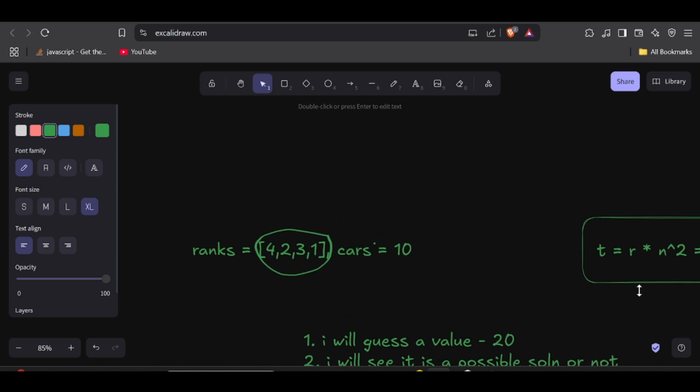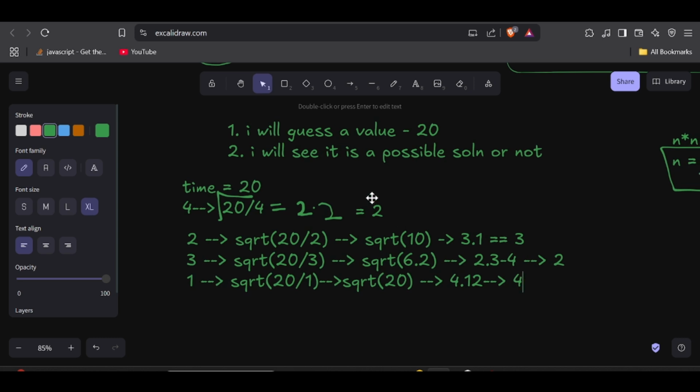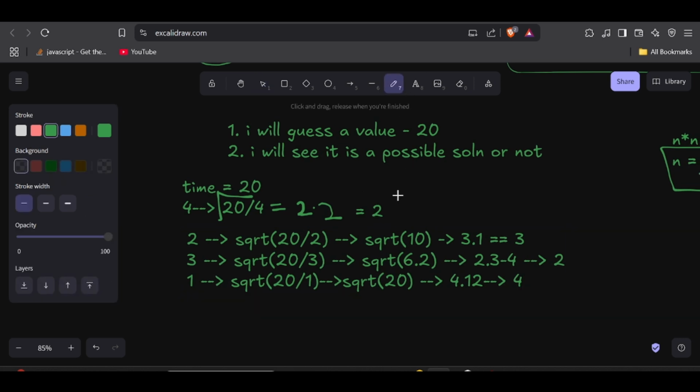My next element is 1. So if I take the square root of 20 divided by 1, it will be the square root of 20 only, which will be around 4 point something. And if I take the integer, it will be 4 only. Now I have 4 values.